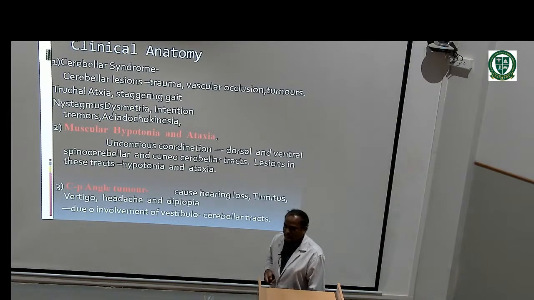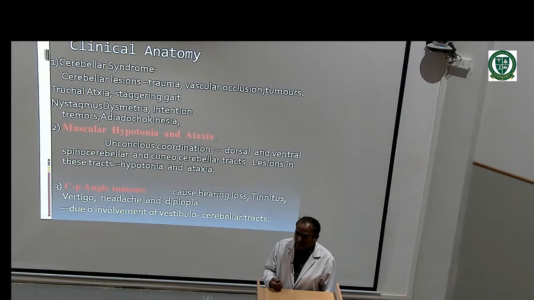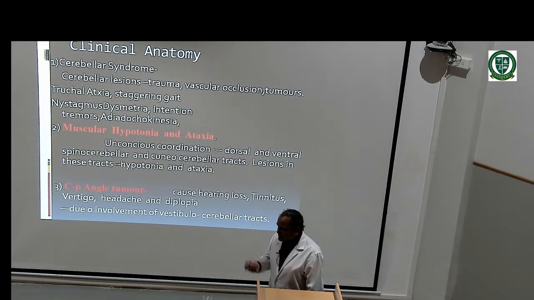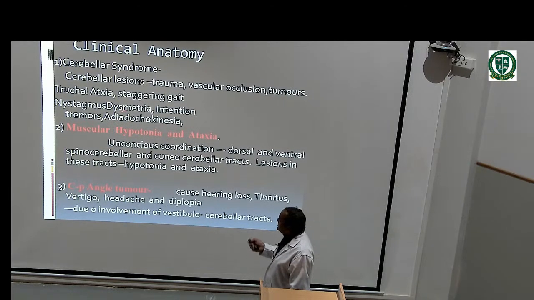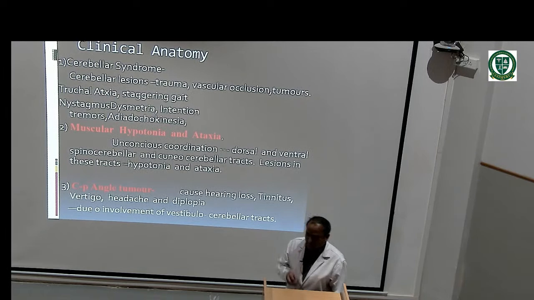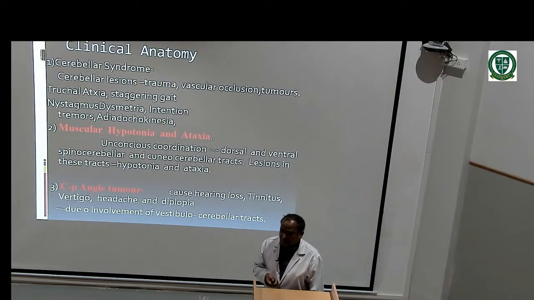Morning you studied. The patient is not able to judge the distance of the object. That is dysmetria. Next, intention tremors. This is also one of the symptoms. Then adiadochokinesia. So all these symptoms together are called cerebellar syndrome.